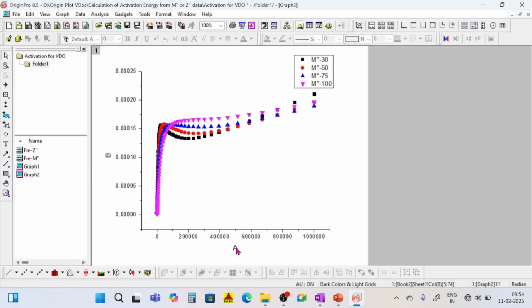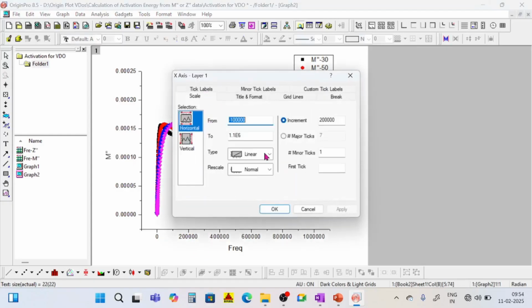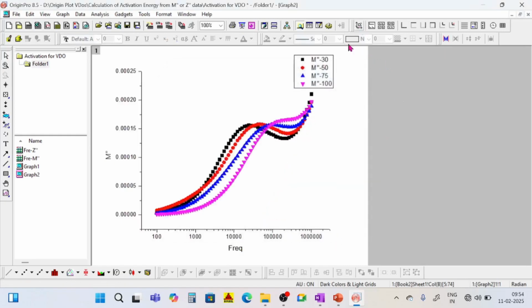This is your frequency, and this is your M double prime, right? Take the log of the x-axis, then rescale it.